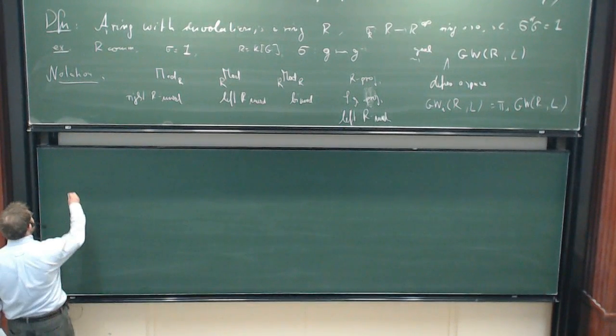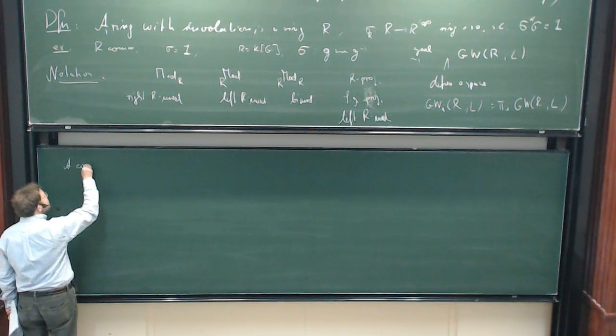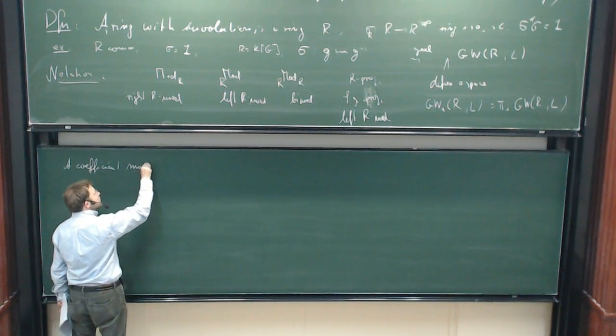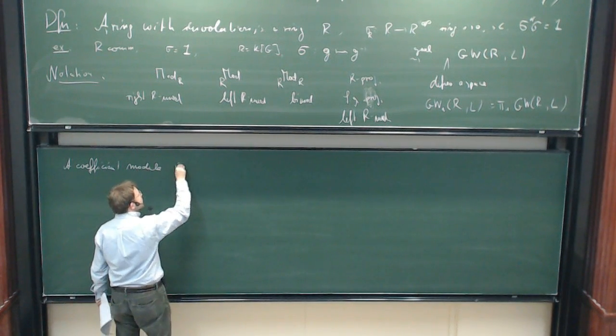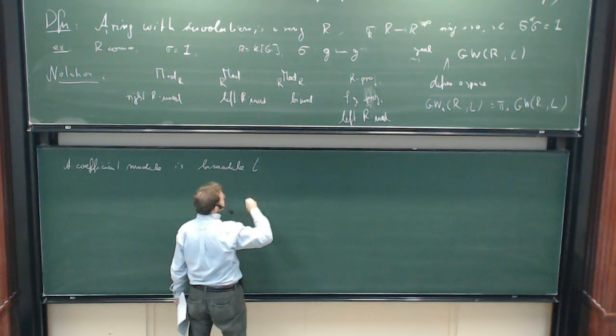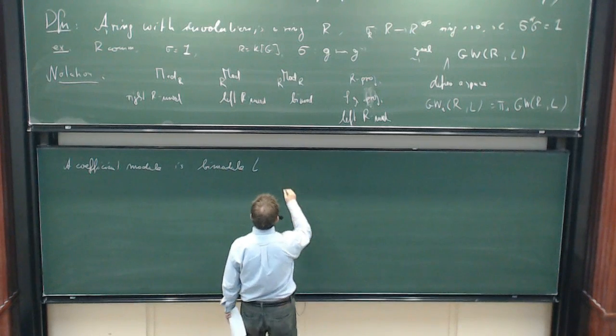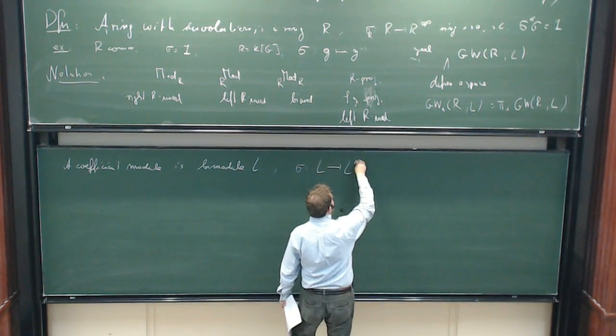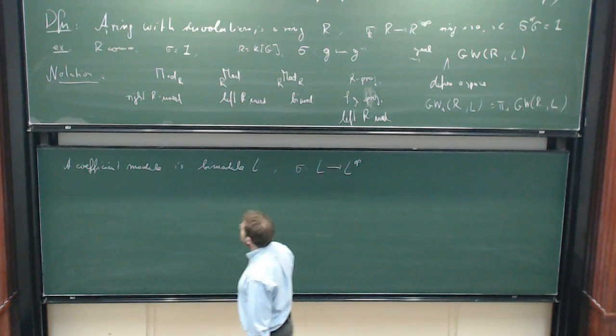So a coefficient module is going to be a bimodule L together with a bimodule map. Oh, I need to introduce another notation.